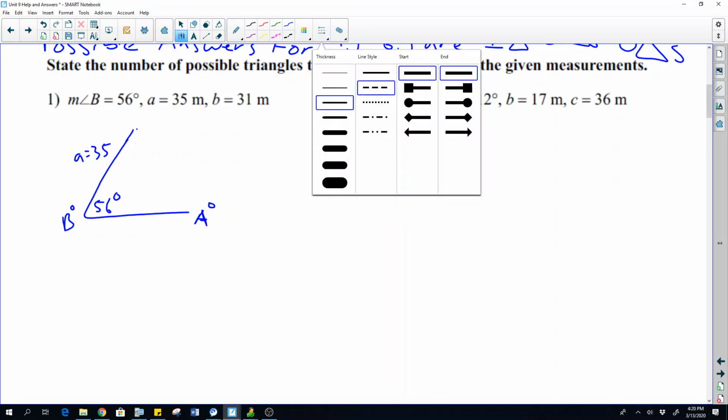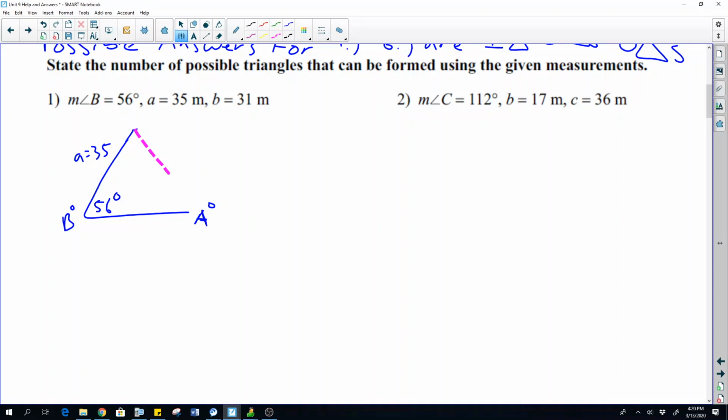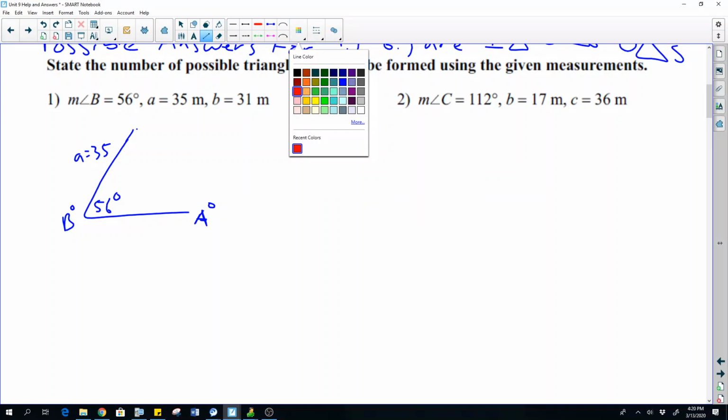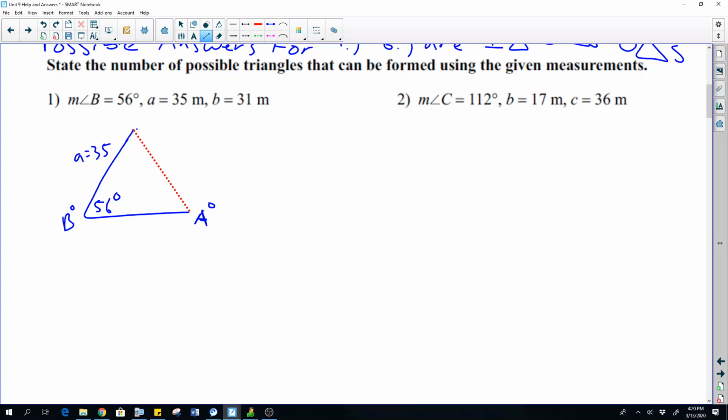Wow, that wasn't even straight. Let's try that again. Okay, we'll use this, and this, and this. Okay, so then we'll swing that leg. Here's our given leg.